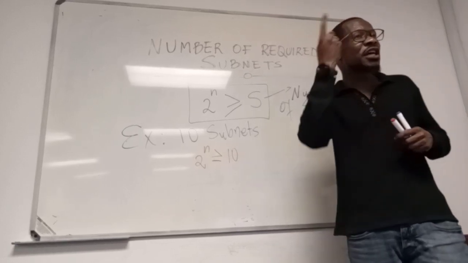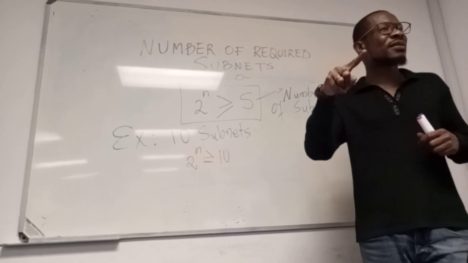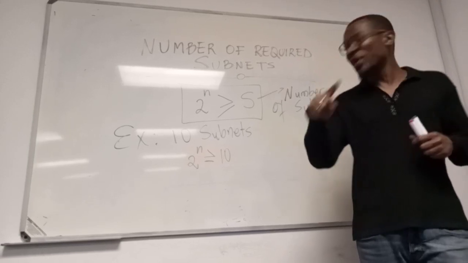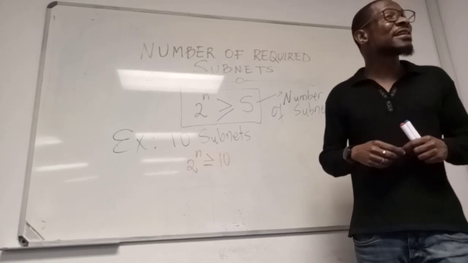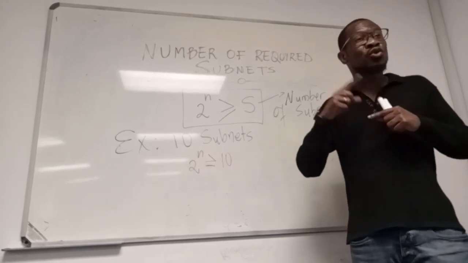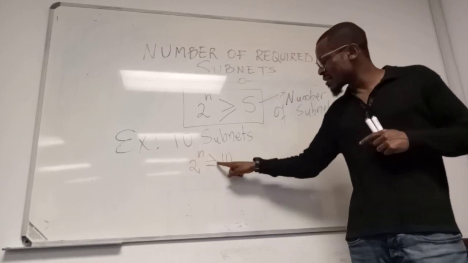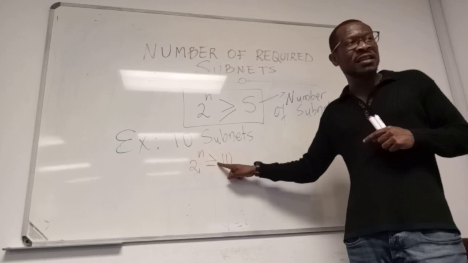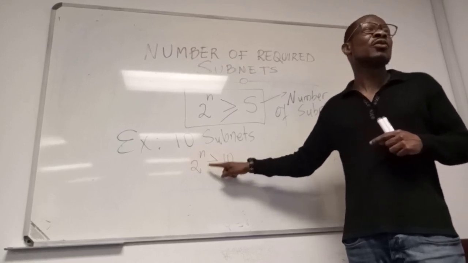Now, the question will be, how many bits? Which number am I going to give to n so that when you compute 2 to the power of n, the answer must be more than 10, or equal to 10?